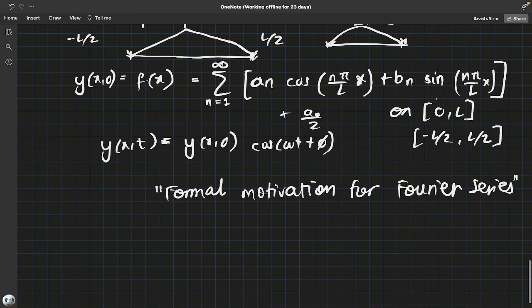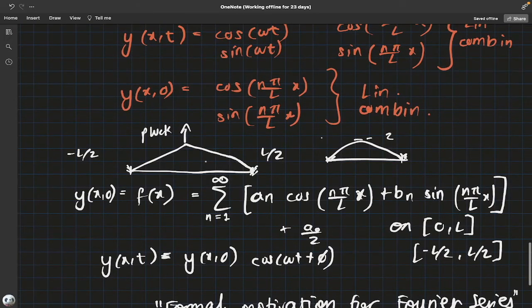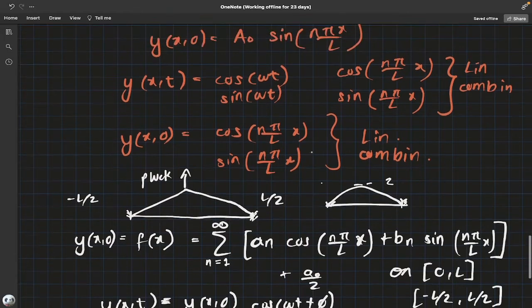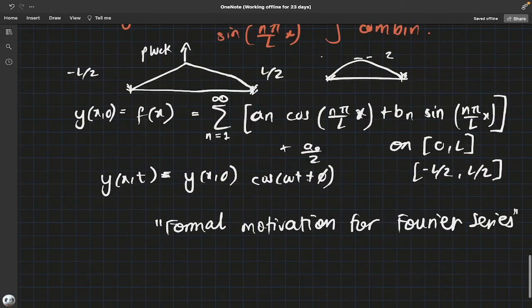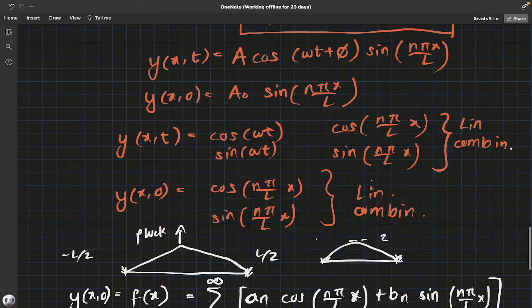All we do is find these coefficients and then expand the function, because after we represent this as a linear combination of sines and cosines, we can be proud with our head held high. Just multiply by this cosine of omega t plus phi factor to generate the solution, and then you're done. Because every solution, at least for the boundary value problem and the initial conditions we've defined, looks like this.